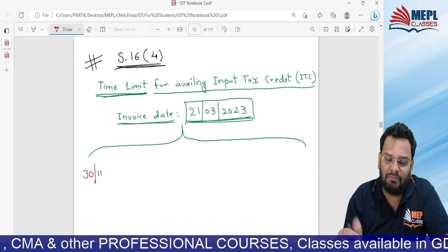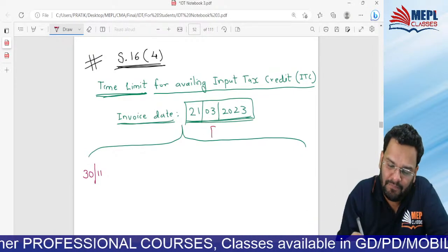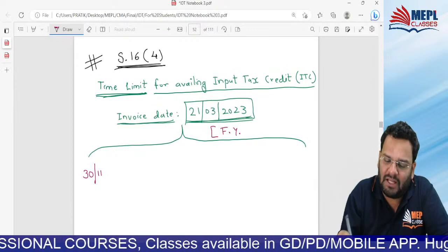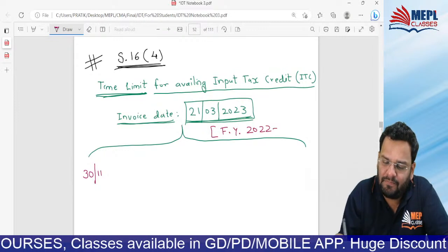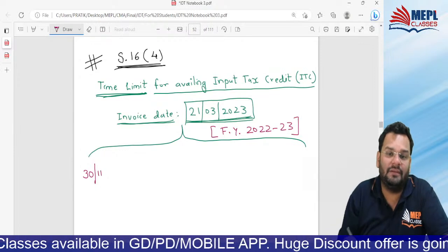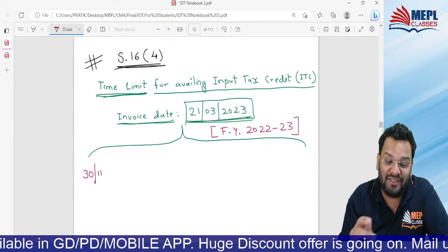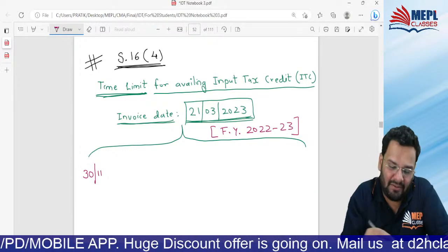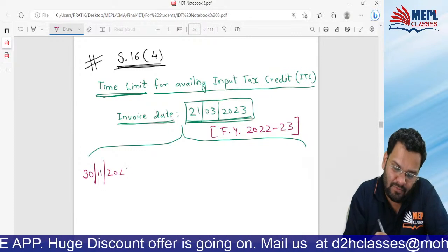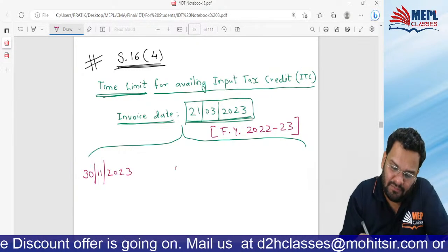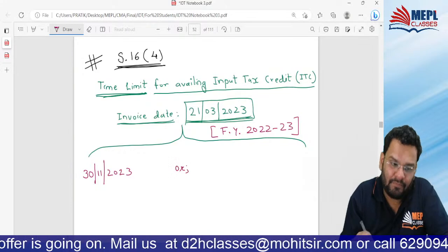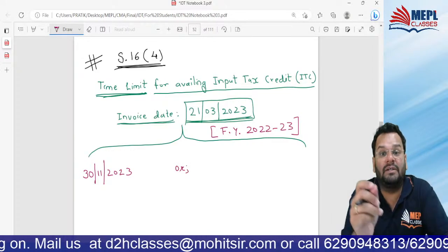So the invoice pertains to which financial year? Financial year 22-23. So which is 30th November after that? It is 30th November 23.